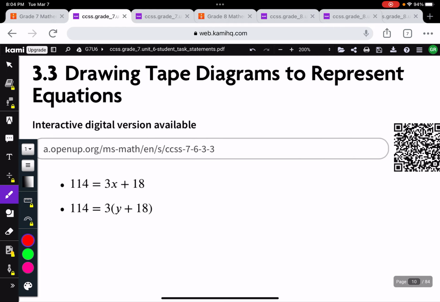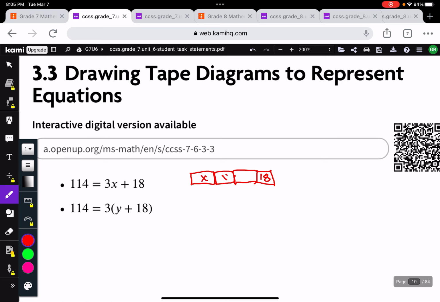So first and foremost, I see 114. So I know my whole tape diagram is going to equal that. But I do see 3 x's. So I'm going to go 1, 2, 3 x's plus, and my tape diagram might not be to scale, plus 18.